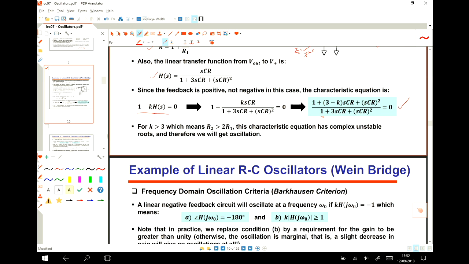On this slide, when k greater than 3, yes, true. For k greater than 3, the middle term is negative, so it can compensate the s square plus 1 and go to 0. True.